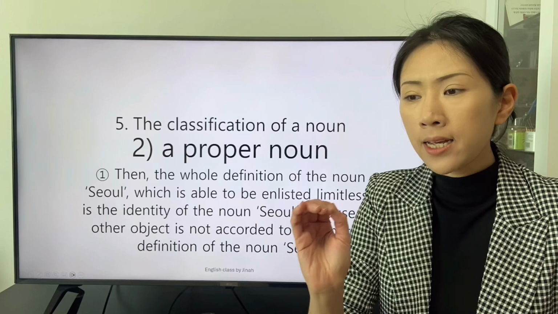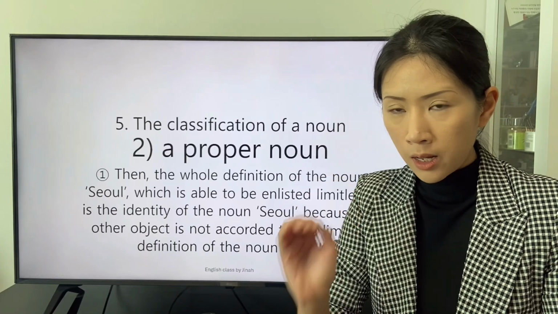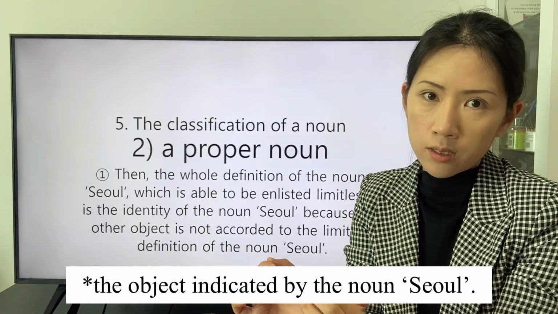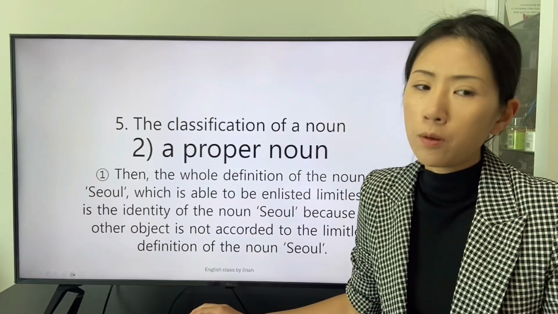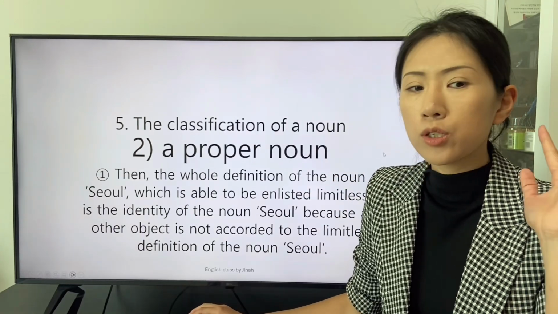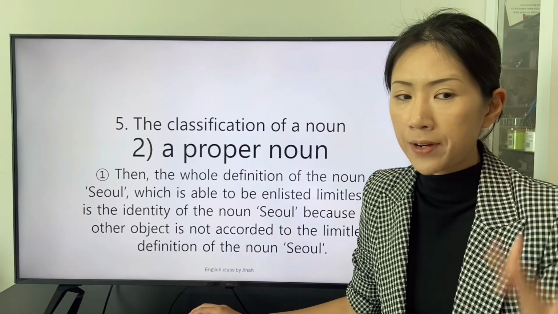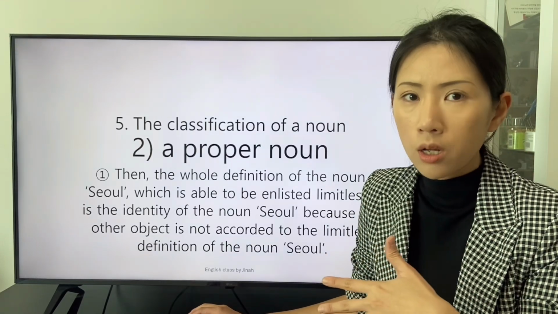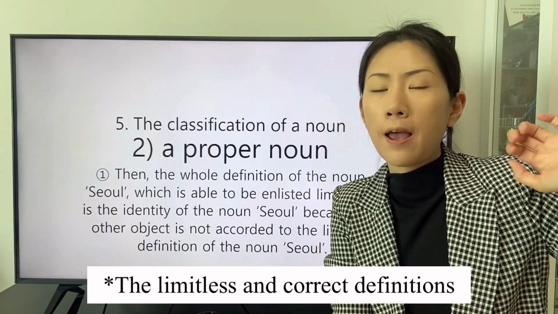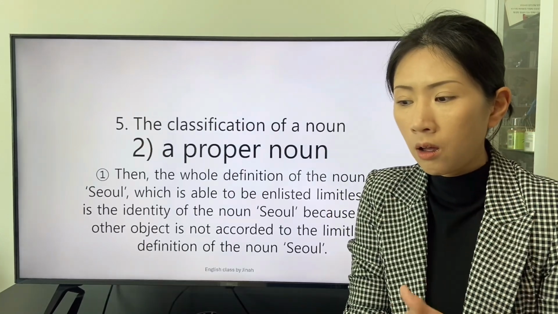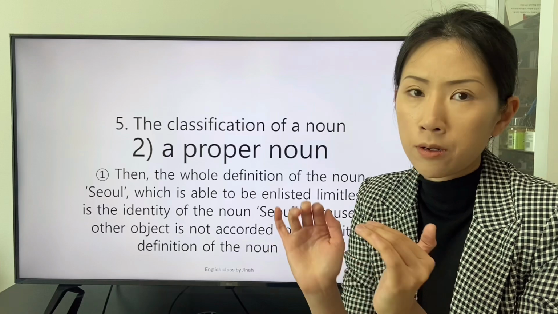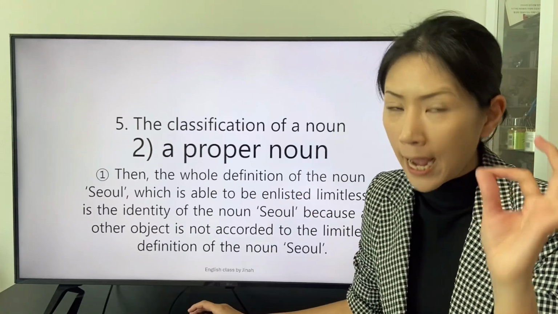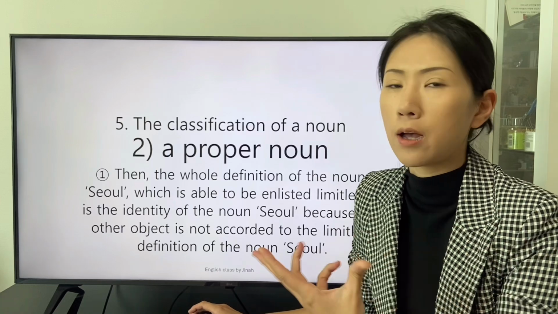The identity is applied only to Seoul; any other object is not accorded to the limitless definitions of the noun Seoul. The limitless definitions of the noun Seoul are the identity to define the noun Seoul.